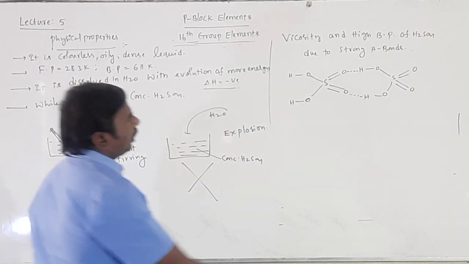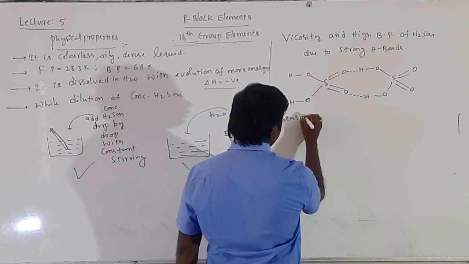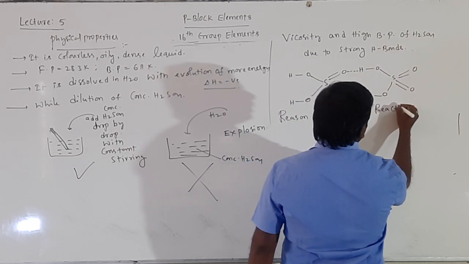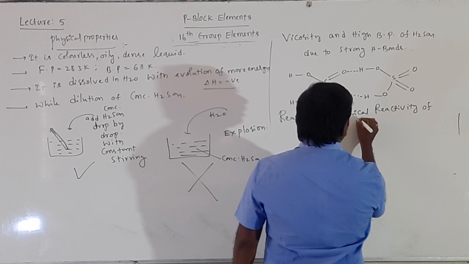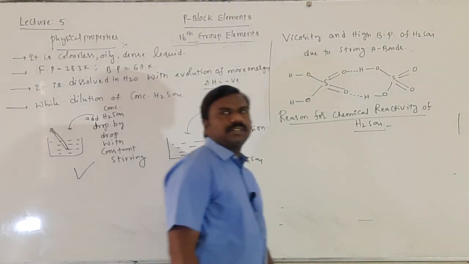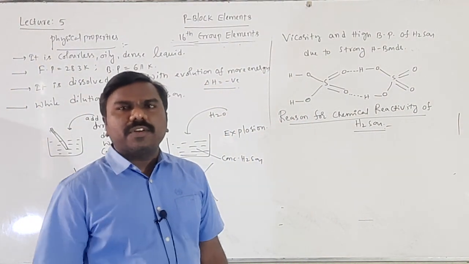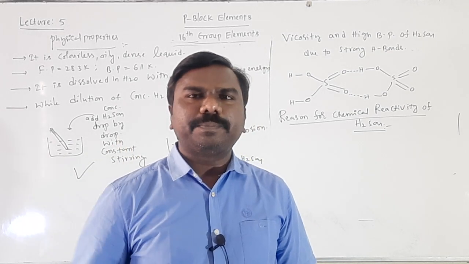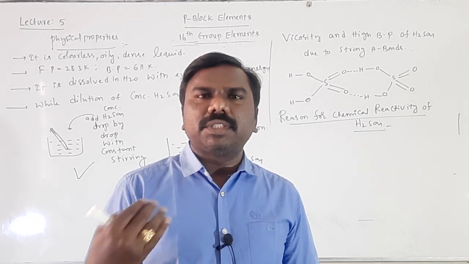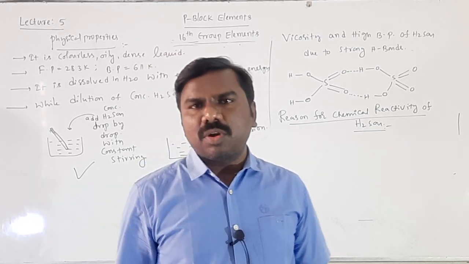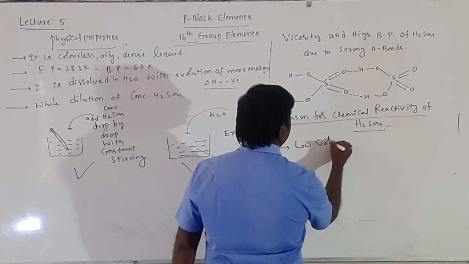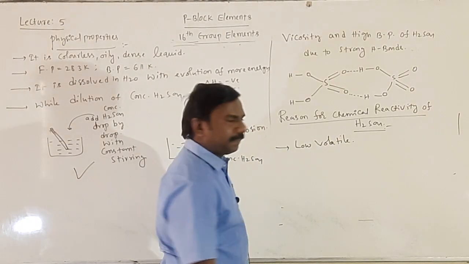Next, what is the reason for chemical reactivity of H2SO4? In that, the first one is, it is low volatile, more acidic, has high affinity towards water, it can react with water very readily, and acts as a strong oxidizing agent. Low volatile means it will not be vaporized readily.